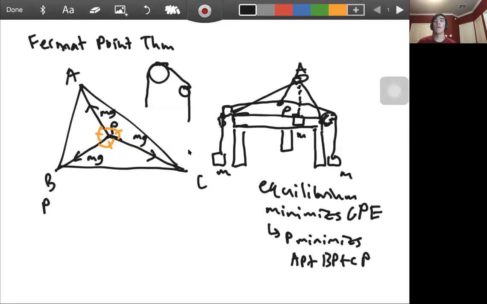This is because the force of the string needs to be just enough to perfectly pull up the weight of the masses. Since the 3 masses are the same, the forces in the 3 strings will be the same because they're supporting the same mass. So we have a point P and we have 3 forces that are the same. And we know that the sum of these 3 equal vectors must be 0.